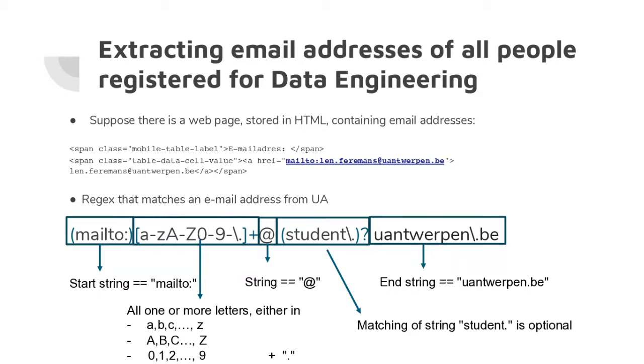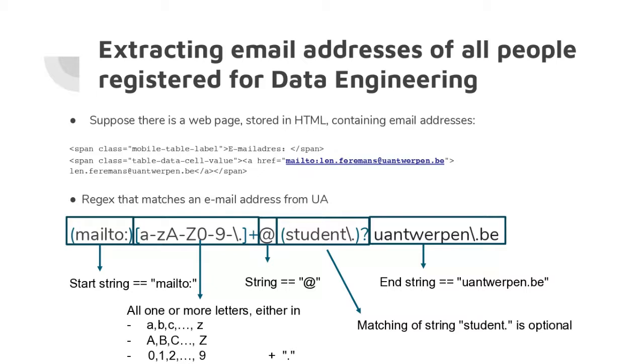I mean a string starting with mailto, then a first name, dot, last name, maybe there are two dots, at the @ sign, then uantwerpen.be, or for student email addresses, student.uantwerpen.be. So I want to extract all these strings, and then I create a regular expression for that.